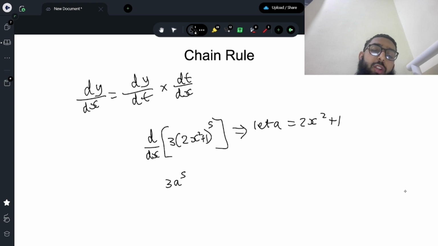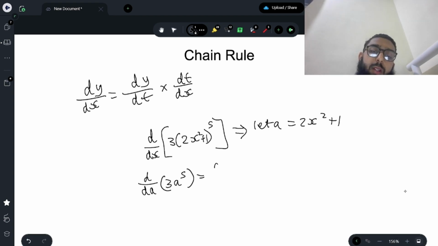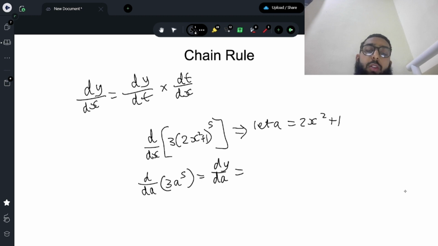So if we want to differentiate this, we have to differentiate with respect to a. So dy over da is going to equal, we can just use the product rule here for polynomials, 15a to the 4.